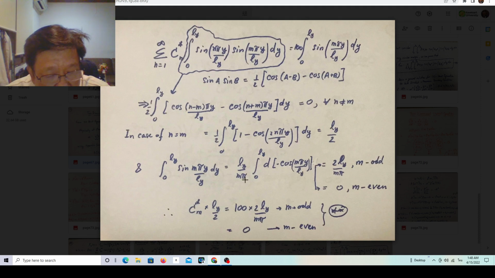So this is the result when m is odd, and this is when m is even. The result of these two types of right-hand side leads to two conditions. So C star m L sub y divided by 2 is equal to this value, 100 times 2 times L sub y divided by m pi, when m is odd, but this is 0 when m is even.